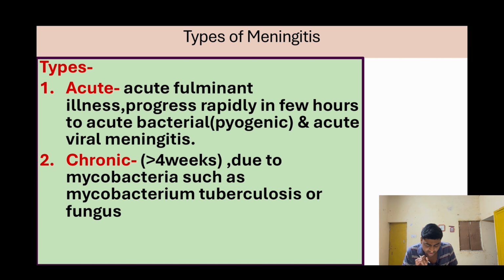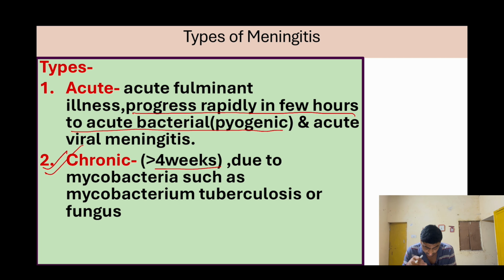Acute meningitis is an acute fulminant illness which progresses rapidly in a few hours to days to acute bacterial meningitis, which is also known as pyogenic meningitis, and acute viral meningitis. In the case of chronic meningitis, the illness persists for more than 4 weeks.